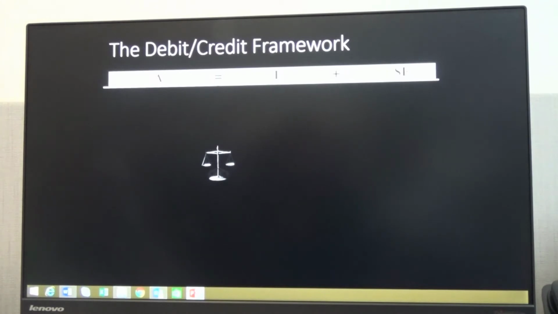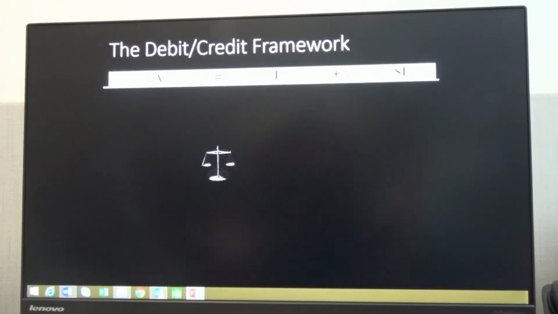Now, I think I mentioned in class on Tuesday that you can think of that accounting equation as kind of like a balance scale. You see here that you have this scale with these trays on both sides, and as long as whatever's on the trays on both sides are equal, they're going to hang evenly. If we put something heavier on one side than is on the other, then one side's going to tip and it's going to be weighted down.